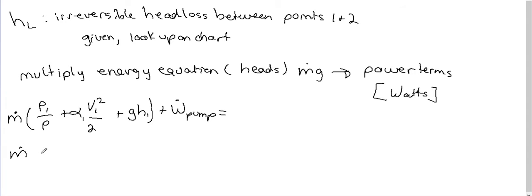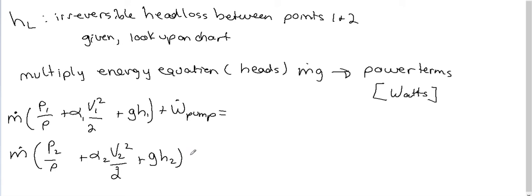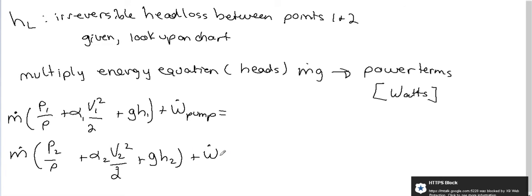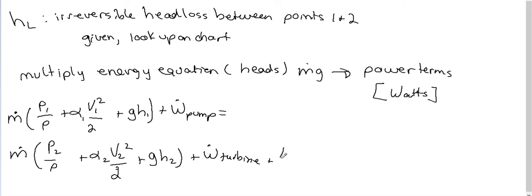So we have the mass flow rate, m dot, multiplied by P2 divided by rho plus alpha 2 V2 squared divided by 2 plus g H2. And the other two terms we had there were the power of the turbine plus, instead of head loss, what we now call the mechanical power loss.